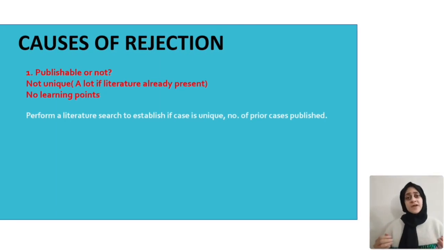If your case report is not going to be unique, or there's already a lot of literature present, or there are going to be no new learning pointers from your case report, then there's a high chance of it getting rejected. To solve that, make sure you perform a literature search to establish if your case is unique or not, to find out how many prior cases have been reported, and to compare whether the prior cases and your case are different in any aspect.